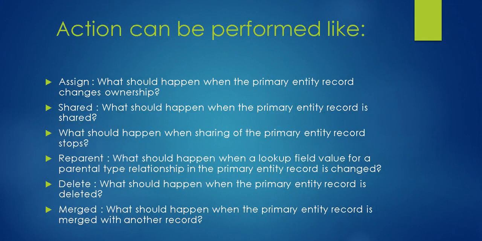So what actions can be performed? Assign stands for what should happen when the primary entity record changes ownership. Shared, what should happen when the primary entity record is shared. Unshared, what should happen when the sharing of the primary entity record stops.